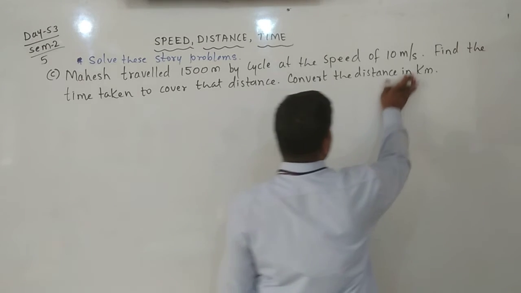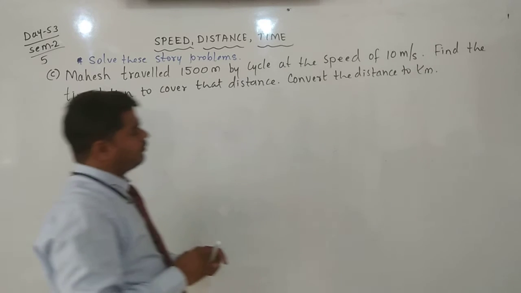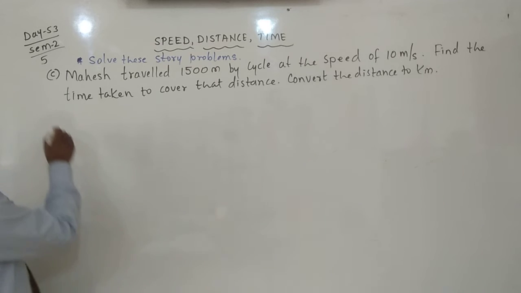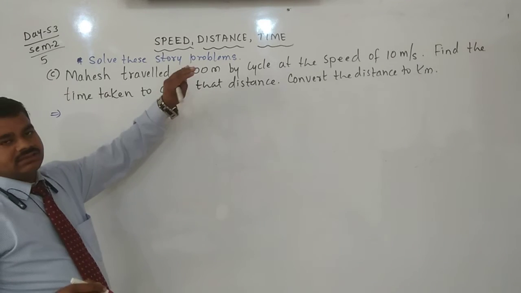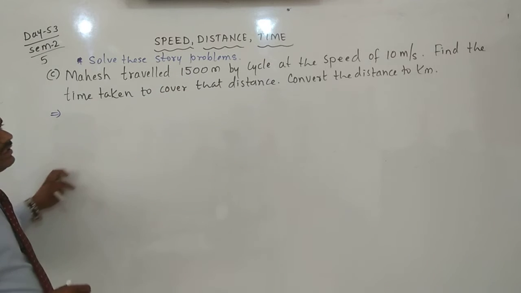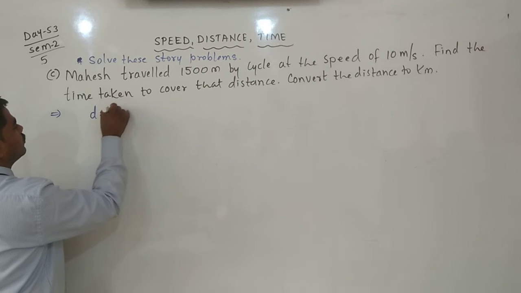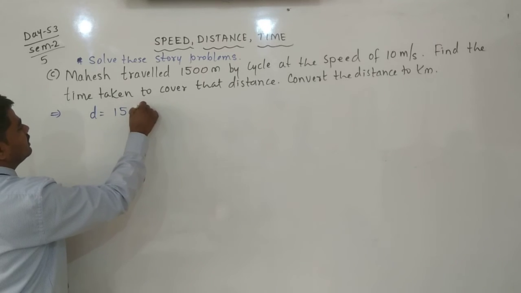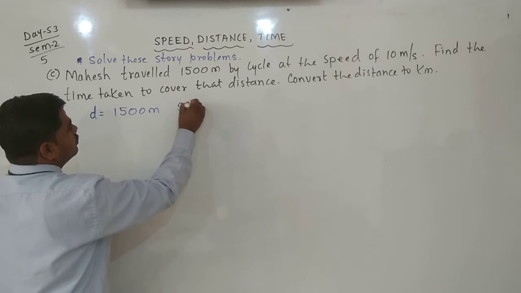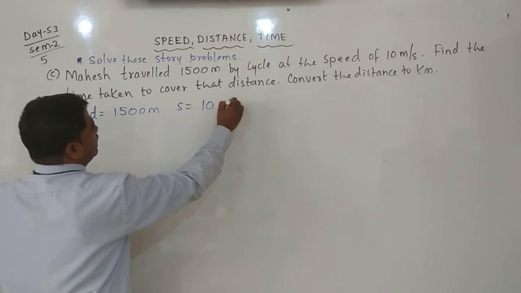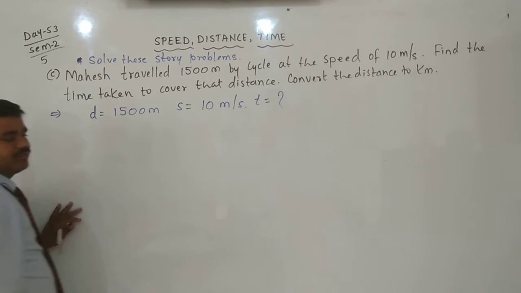First one you calculate: the speed is given, the distance is given, then time, how much time did he take? Distance is equal to 1500 meter and speed S is equal to 10 meter per second. Then time is equal to question mark.